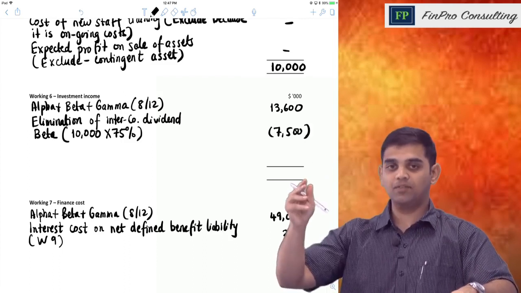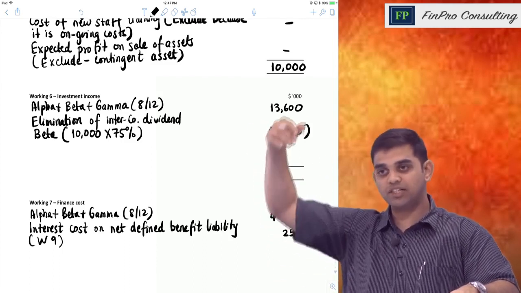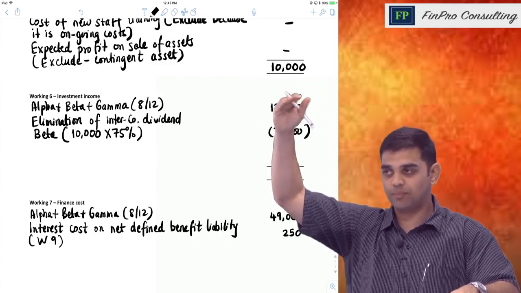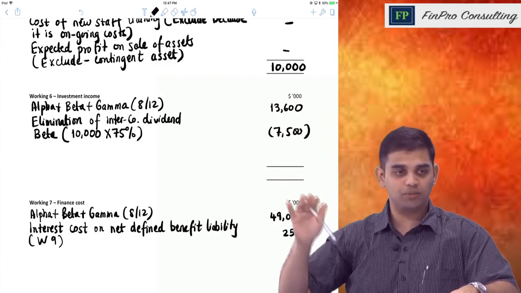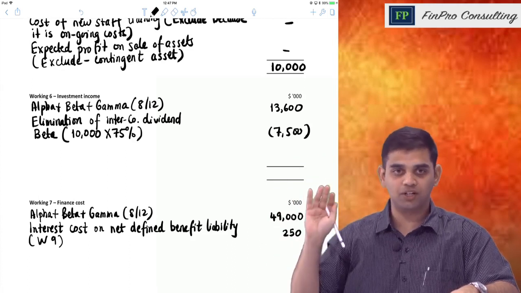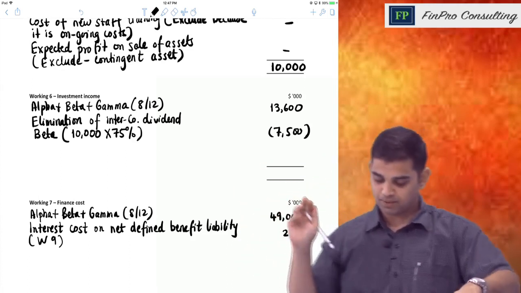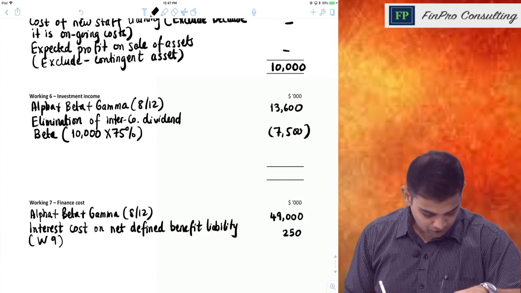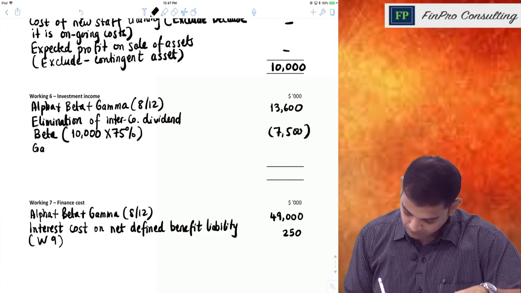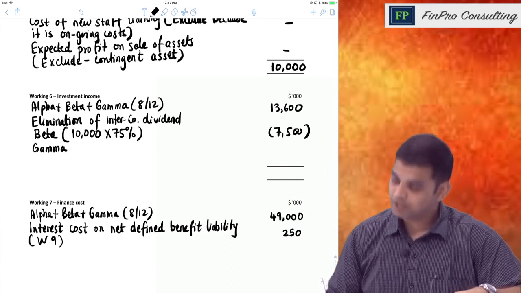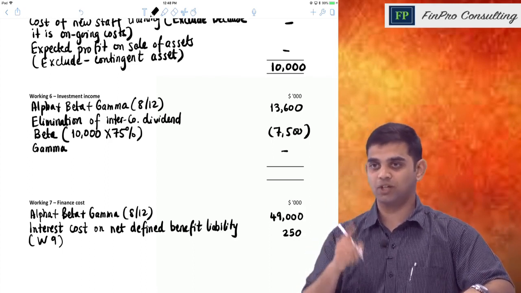Now the second effect of the dividend I will show as a reduction in the statement of changes in equity directly from the non-controlling interest column, because 2,500 is received by non-controlling interest. So I will show as a reduction from that place. And for gamma, nil. Give a reasoning because that will fetch you another half mark.